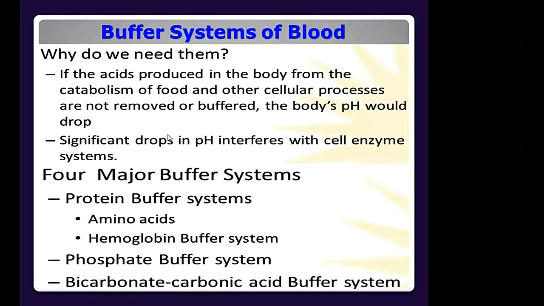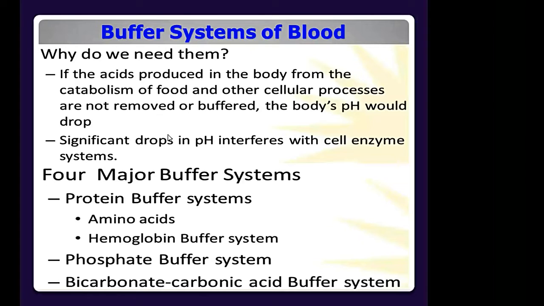The body's pH would drop down to the acidic side. So in order to avoid that, buffer systems are available in our blood. Even a 0.1 drop in pH interferes with the cellular enzymes and enzyme systems. That is why the pH of the blood should not change.